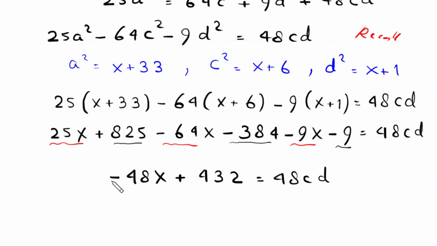Now from the left hand side we can factor out 48. In brackets is left 9 minus x, equal to 48cd.